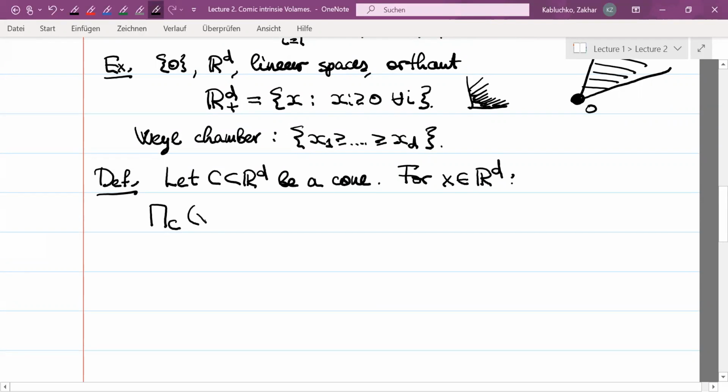Pi_C of x is the best approximation to x in C. So it is the minimizer of the distance from x to y over all y in C. So we try to approximate x by a point from C, and the best approximator is called the metric projection. For example, if the cone C is a linear space, then this is just the usual orthogonal projection.